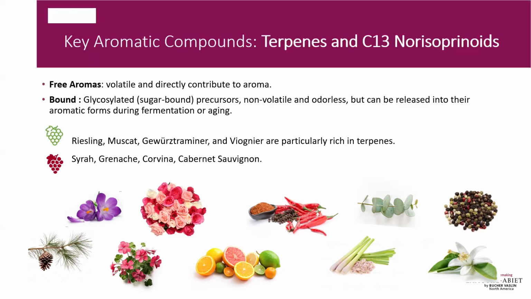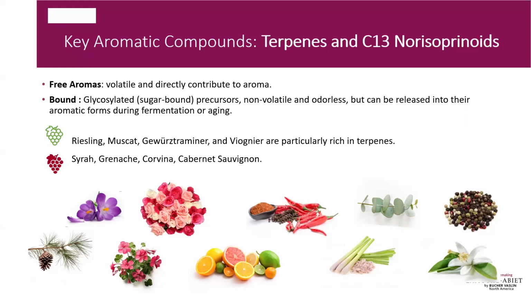So we can find terpenes in Riesling, Muscat, Gewürztraminer. That's going to be the rose, geranium, lemongrass aromas, the floral aromas we can find in these white grape varieties.